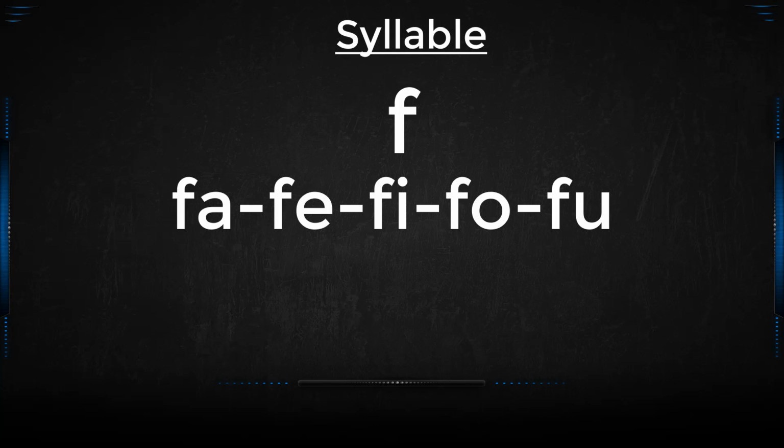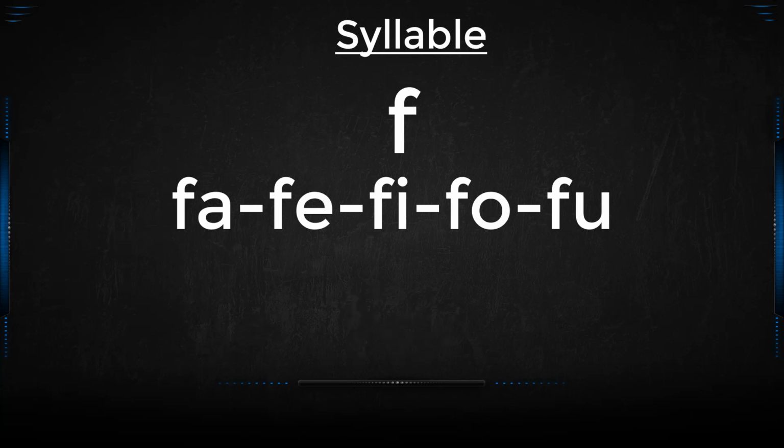Then the next in line is letter F, the consonant F. If you have the consonant F with the letter A, it forms a sound that we pronounce as fa, because you remember A is pronounced as A. Then F plus E, that's fe.